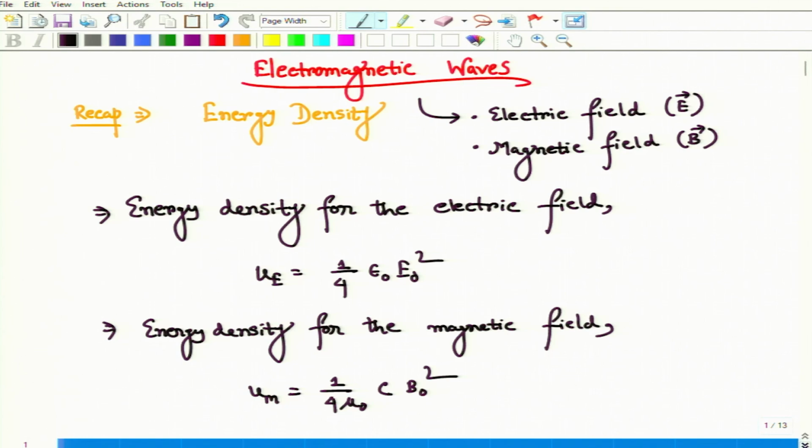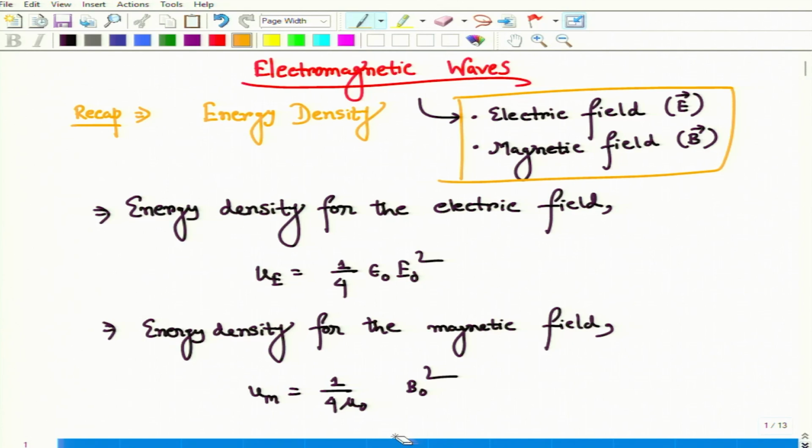Now what will be the total energy density? As both the electric field and the magnetic field are present in electromagnetic radiation, the total energy density will be the sum of the energy density for the electric field and the energy density for the magnetic field. We have to make the sum. Okay, mu naught is under.